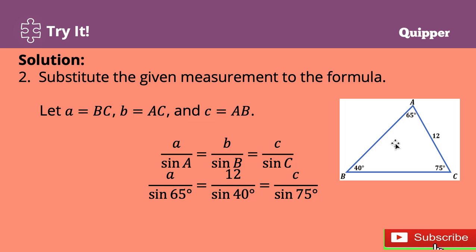And for side b, take note that's the opposite side of angle B. So we have here 12 over sine 40 degrees, the measurement for angle B. And then c over sine C, that's the opposite side of angle C. Since we don't know yet the measurement for side c, we let it be c there. Then sine 75 degrees, that's the value for angle C.